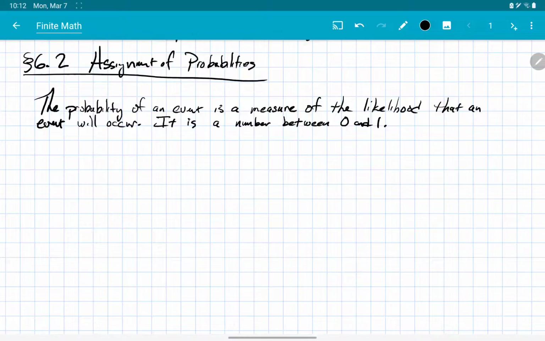Also notice that we talk about the likelihood of an event occurring, not an outcome. So we can take a few outcomes and put them together in an event and then measure that. A probability of 0 means the event will not occur.